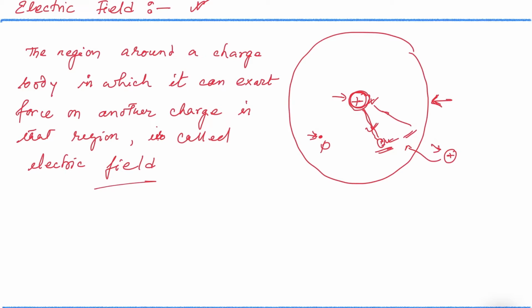In order to find that, if we keep one positive charge at this point, the charge which is responsible for this electric field is the source charge, and the charge which you keep at this point is our test charge.